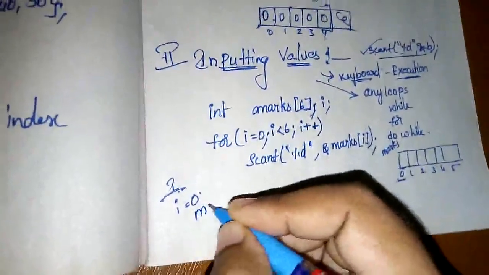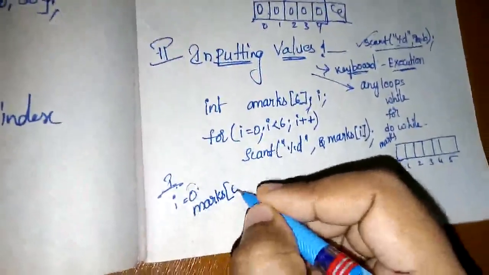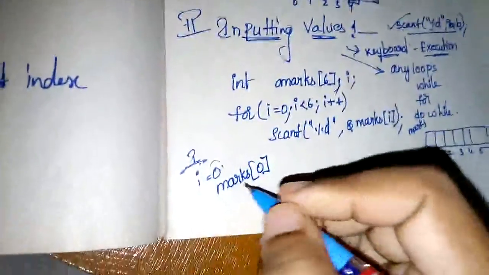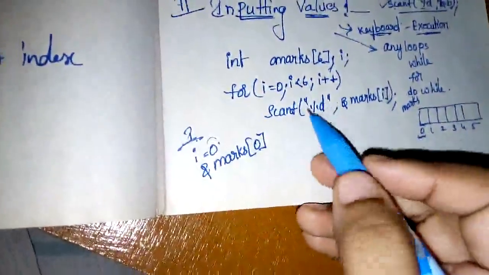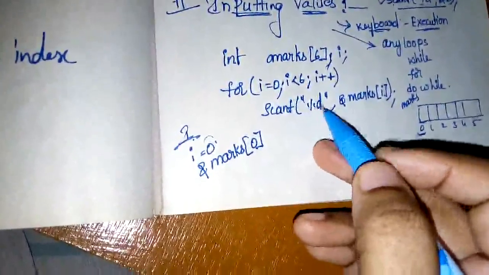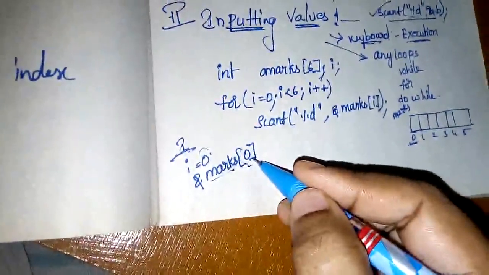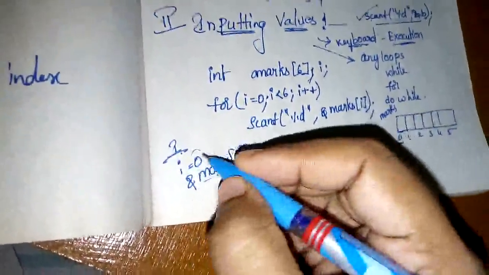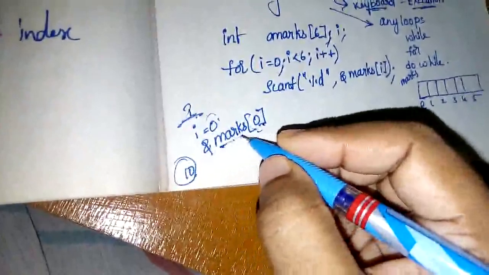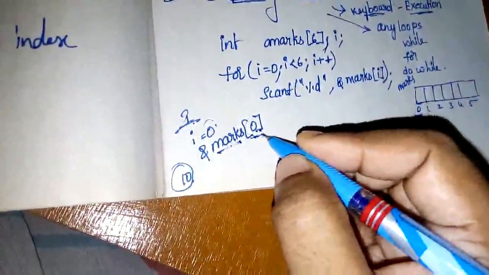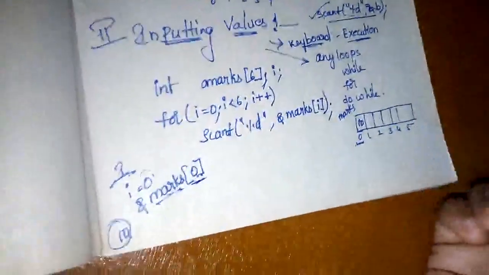So in the place of i, the value of i will be substituted: marks of 0. So ampersand marks of 0. So the first value you are entering from the keyboard will be stored into the array marks with index 0. So say for example, if I enter 10 here, this 10 will be stored in the array marks at index 0. That is the first place.